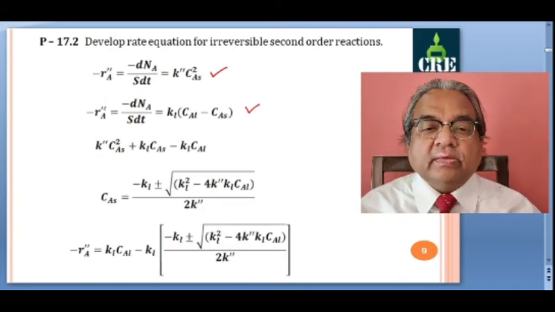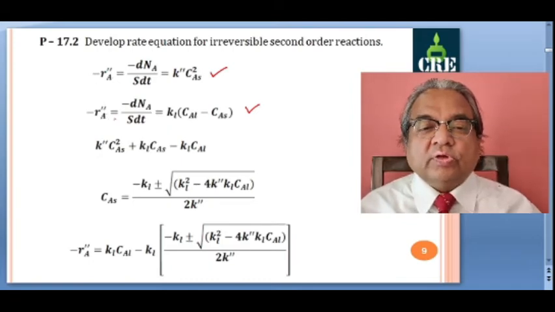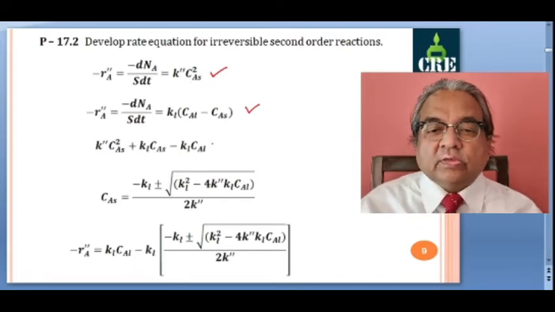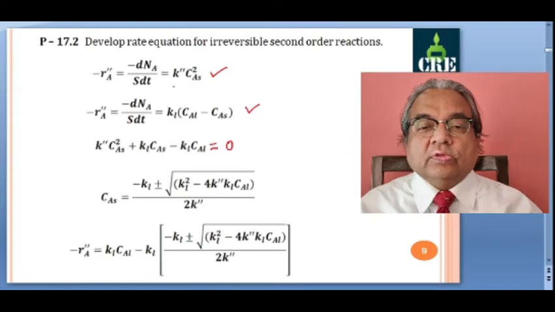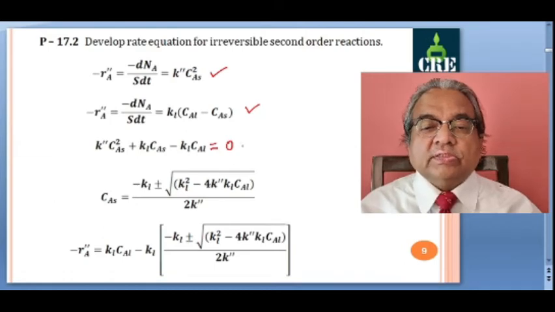Minus RA, and this minus RA is the same at steady state. So if I write this equal to this and finally solve, we can write it as equal to 0: K double prime CAS square plus KL CAS minus KL CAL is equal to 0.